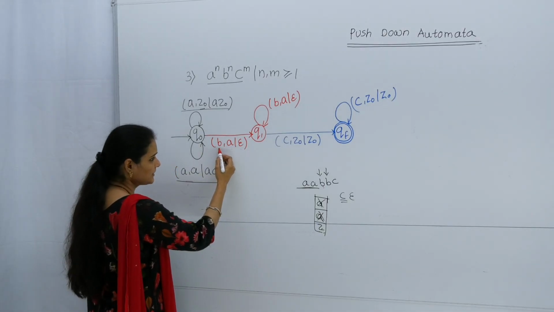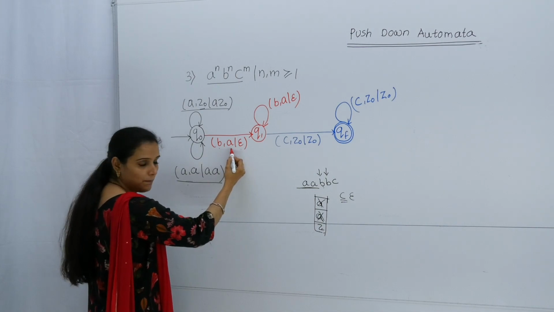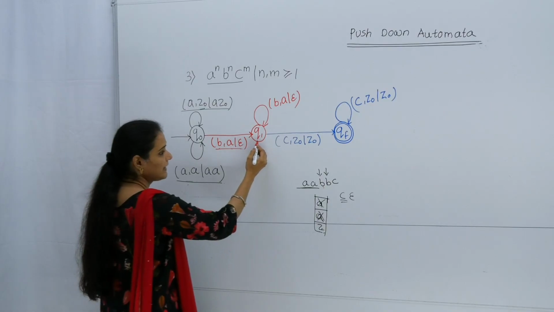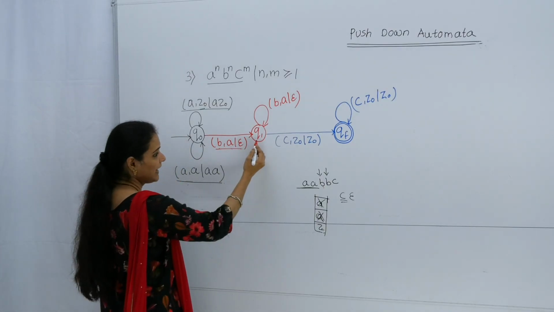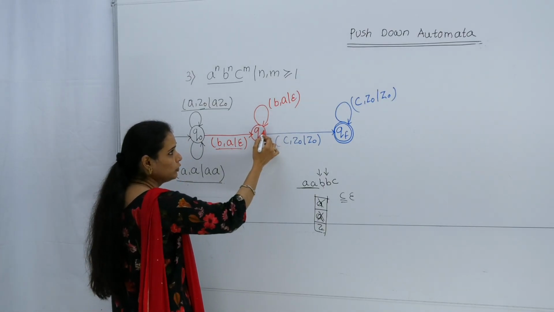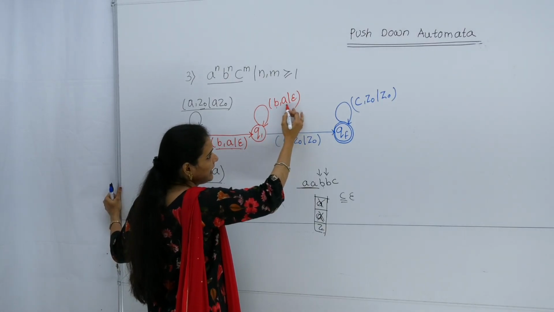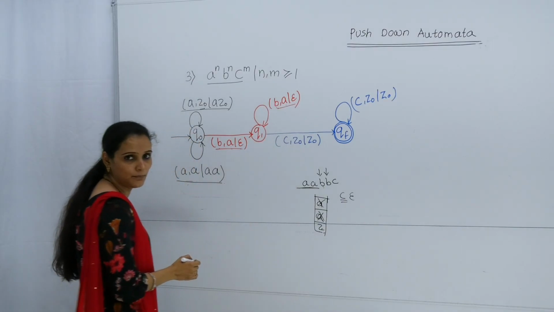So for the first b, one a is popped. Now we are at the Q1 state. At Q1 we have one loop where the input symbol is b, the top of the stack is a, and we perform the pop operation.